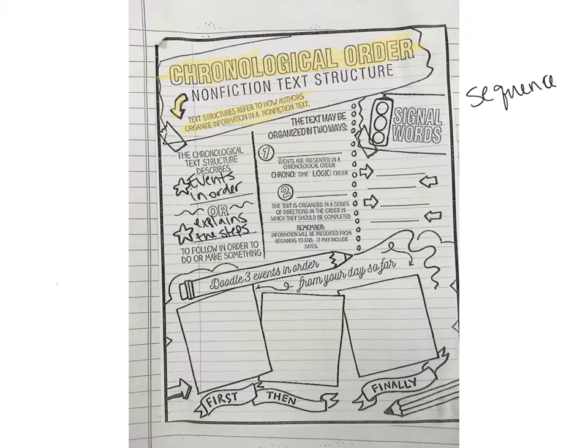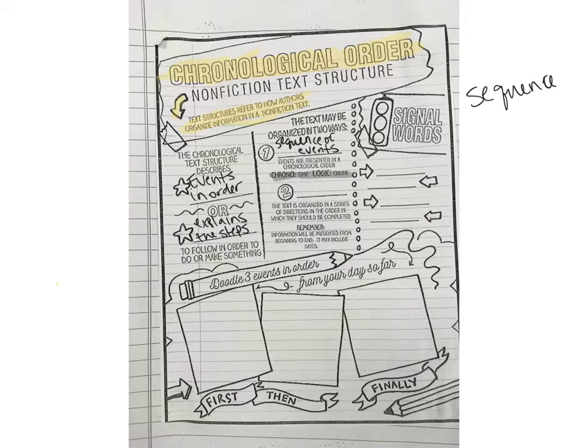The text may be organized in two ways. First is the sequence of events. Events are presented in a chronological order. They come in chrono, time, logic, order.